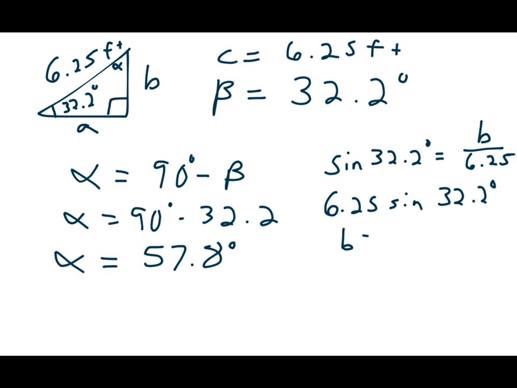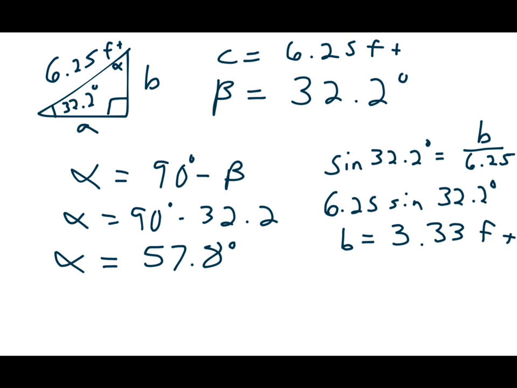So b, if you put that in the calculator, there's the sine button, make sure it's in degree mode. You put 6.25 times sine of 32.2, and you should get approximately 3.33 feet.